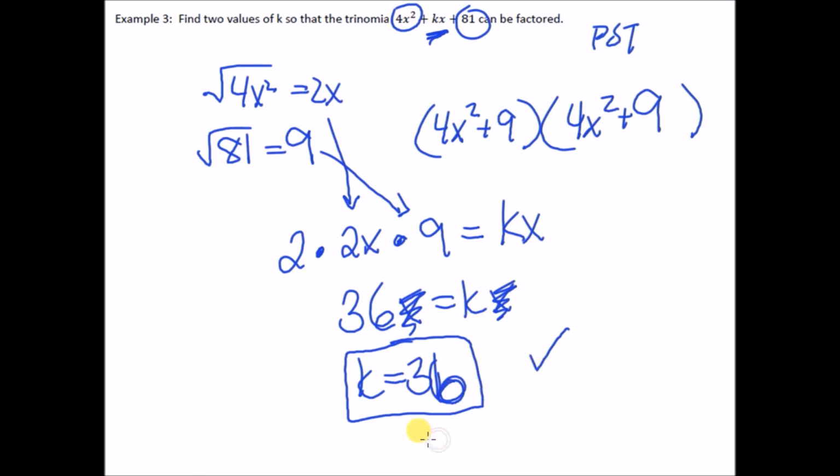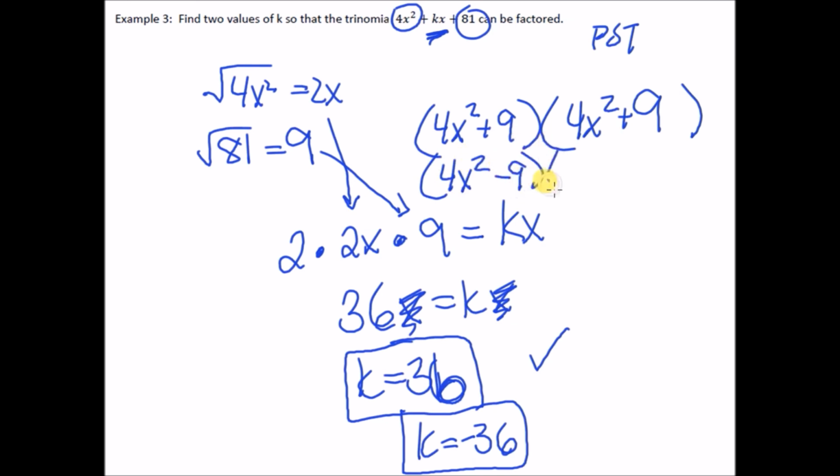The other number that it can be is negative 36. Let me explain this one. Okay, so if we have in these brackets 2x minus 9, 2x minus 9, what's going to happen is when these two are multiplied, they're still going to create positive 81.